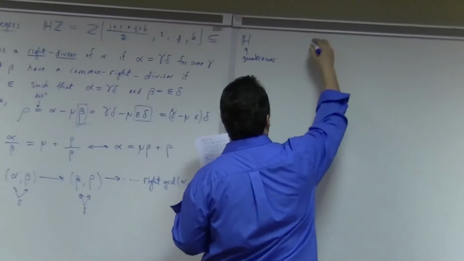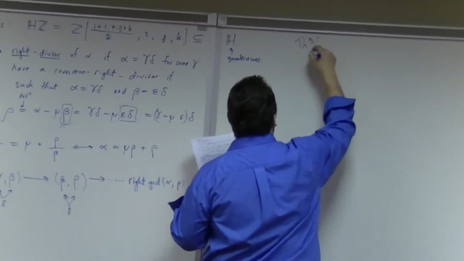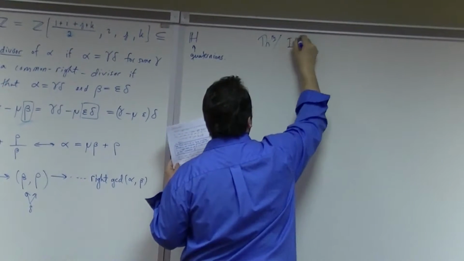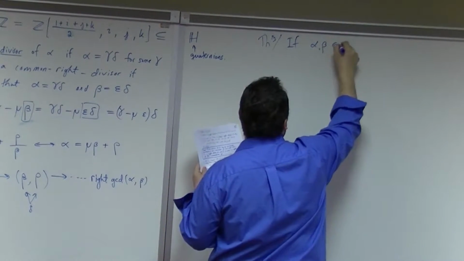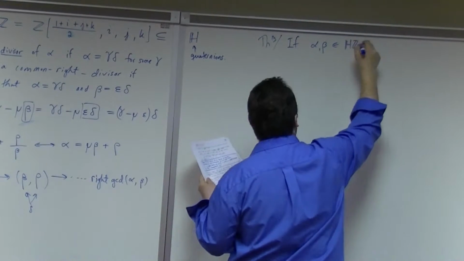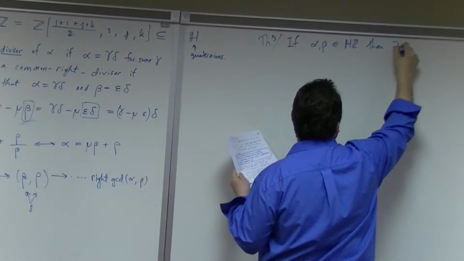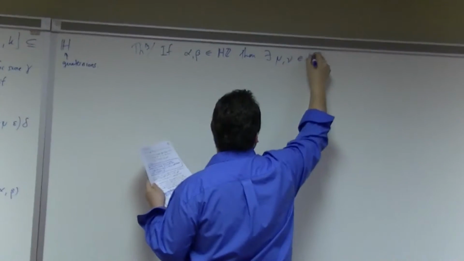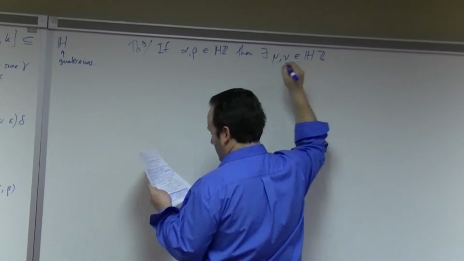So there's of course a theorem. That if alpha and beta are Hurwitz integers, right? Then there exist mu and nu in the Hurwitz integers such that what?